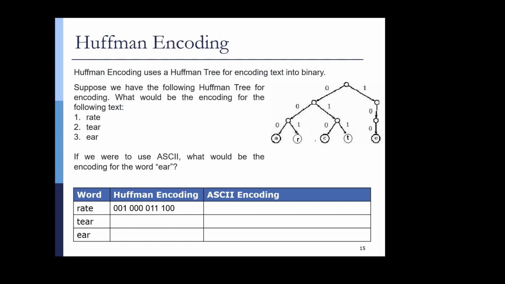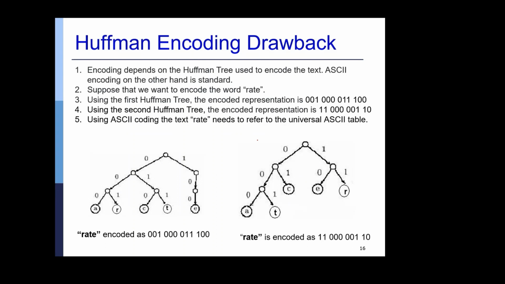Like I say, the drawback of Huffman encoding is that we will have a different Huffman tree for different messages. But if you're using ASCII, it is standard. Whatever message you want to send is always the same standard ASCII table. But Huffman, no. That is a drawback. Yeah, there's a price for every convenience.